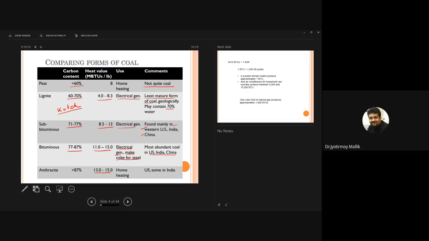One of the primary reasons, amongst many, is anthracite is not as common as bituminous. Hence their typical use is for home heating. But there are some other reasons. When we look into them in detail, we will see. But primarily, anthracite is used for home heating. Okay, where do you find them? In the US, but very little in India.